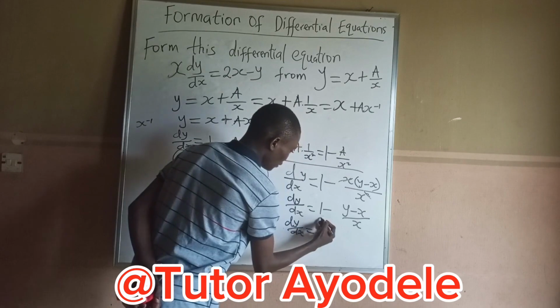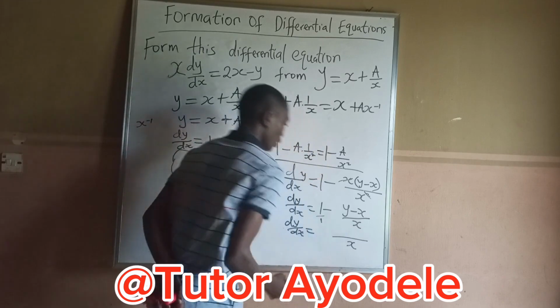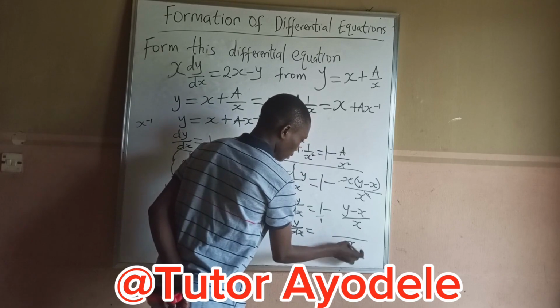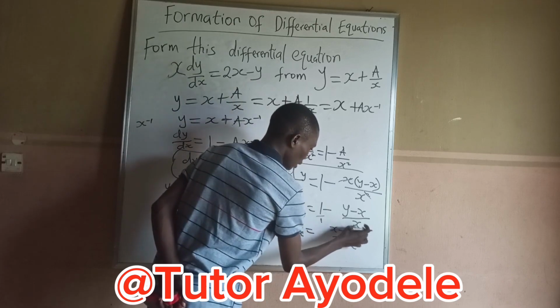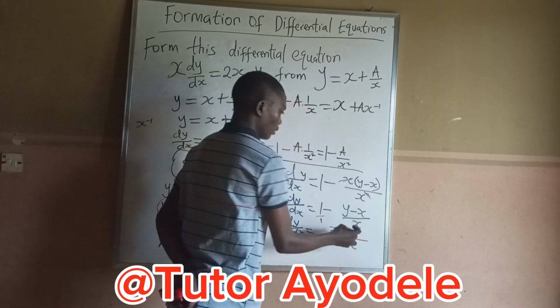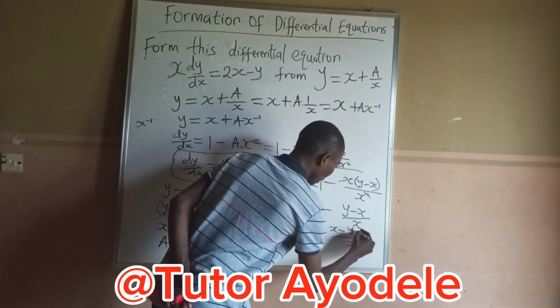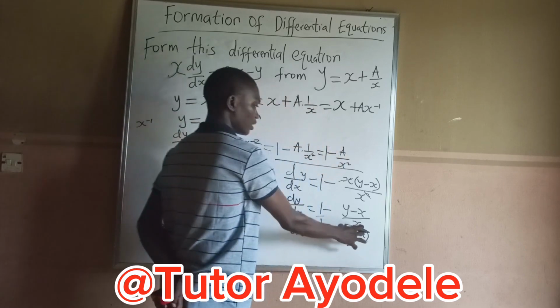Let's find the LCM of this 1 and x. It will give me x. 1 goes into x to still give me x. x times 1 will give me x, minus x divided by x will give me 1. If I use the 1 to multiply this, I will still have y minus x here.